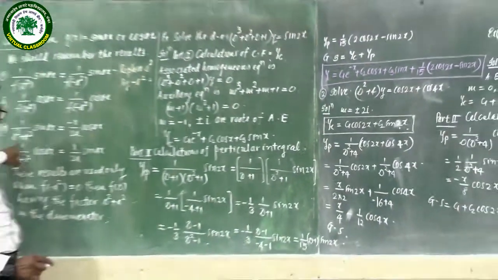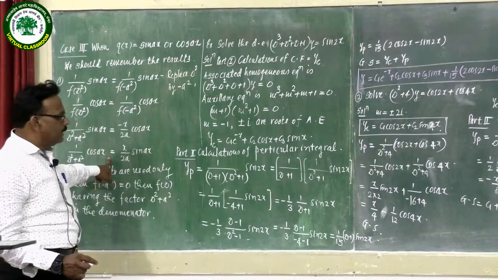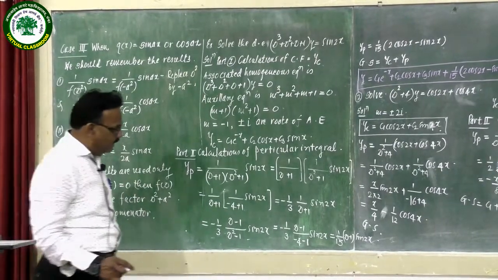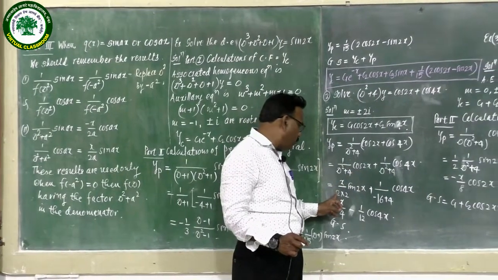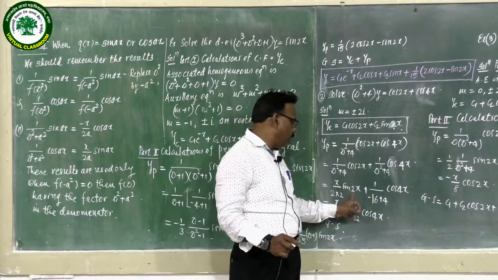Try to understand here. 1 upon D squared plus a squared, on cos of ax, will be x upon 2a sin of ax. Here a is equal to 2 again. Then x upon 2a, that is 2 into 2, sin of 2x.